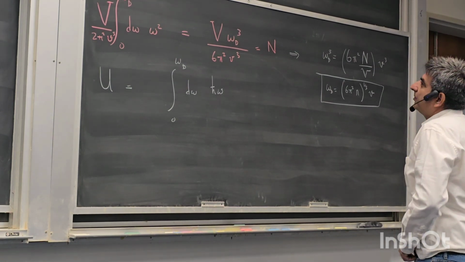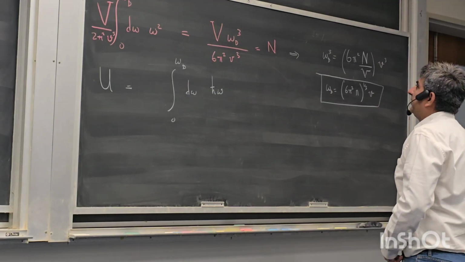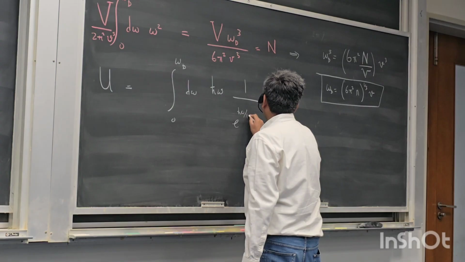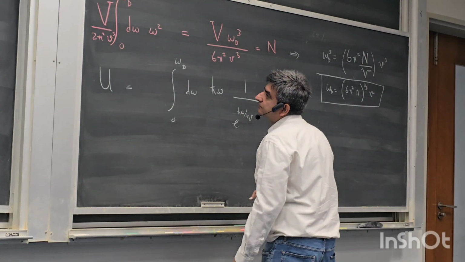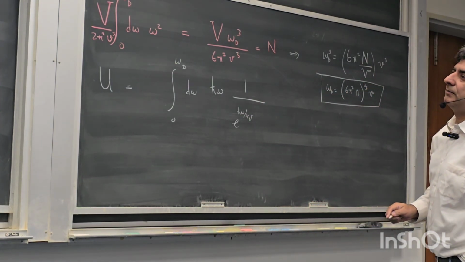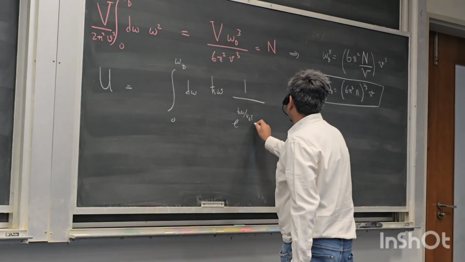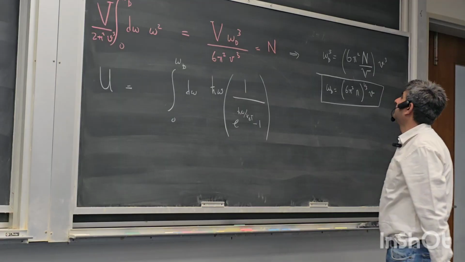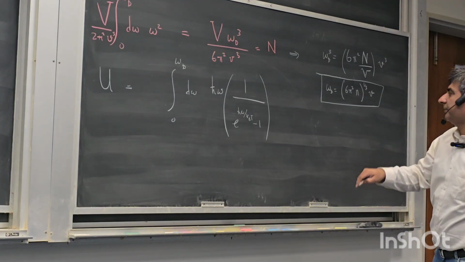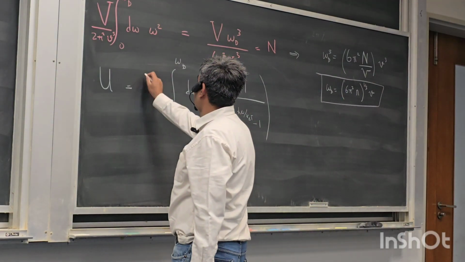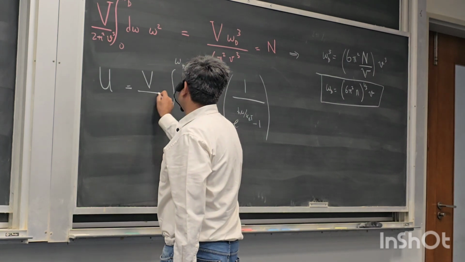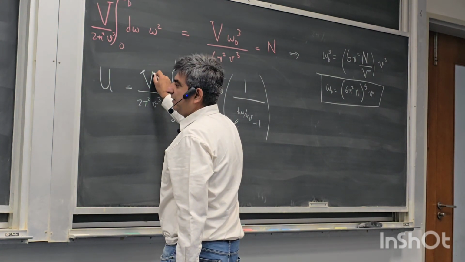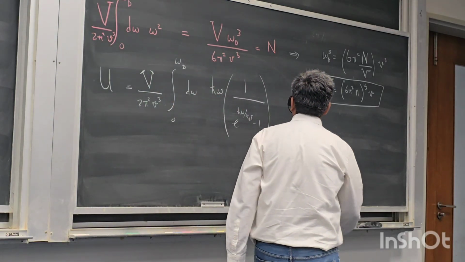So this is h bar omega, and then we have e to the h bar omega over kBT minus 1, and we have this g omega over there, which is V over 2 pi square v cube, this is capital V, and then omega square here.